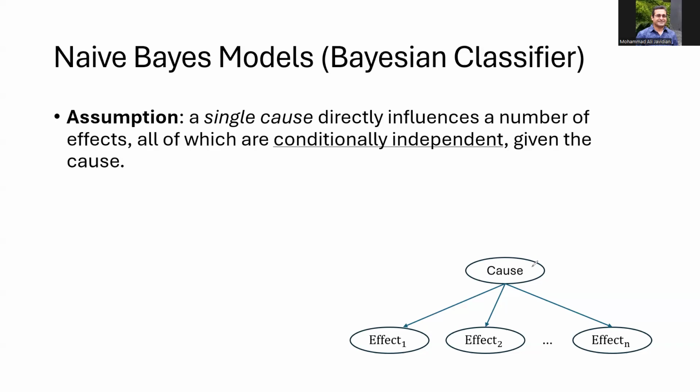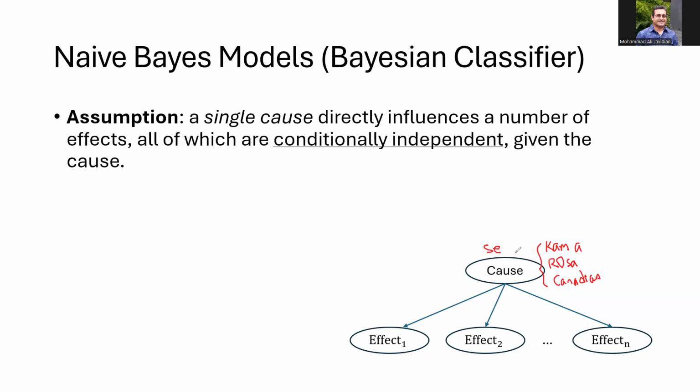So we have three types of seeds: Kama, Rosa, and Canadian. These are three types of wheat seeds.